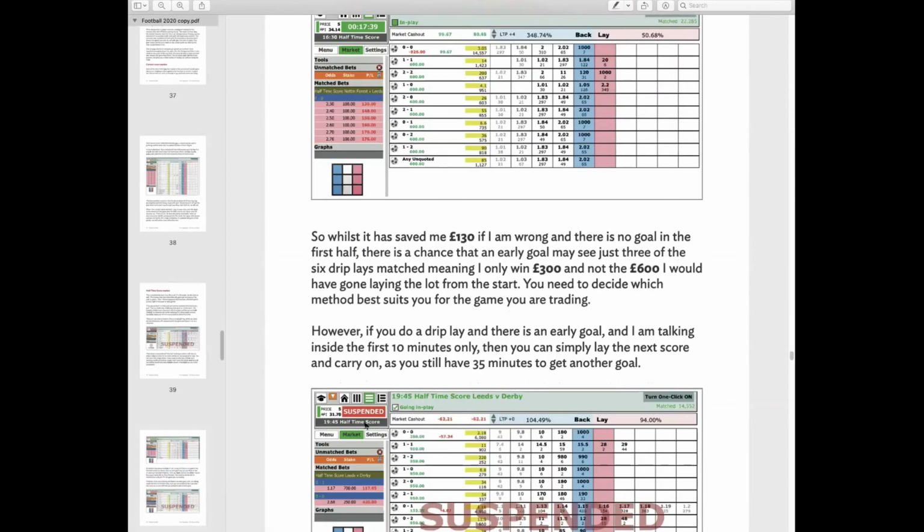So that's why I drip lay. Whilst it saved me 130 if I'm wrong and there is no goal in the game, there's a chance that an early goal may just see 3 of those 6 drip lays matched. It means I only win 300 and not the 600 I would have. So you need to decide which method suits you best. Quite often now, I will just put in my maximum liability, what I'm prepared to lose, and just leave it.